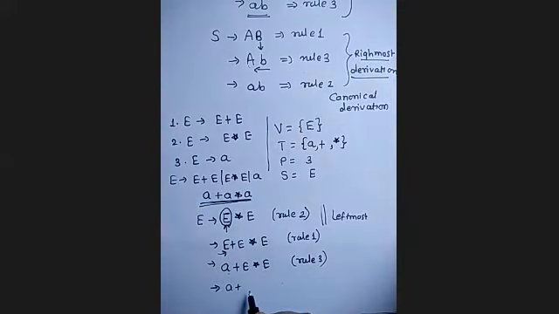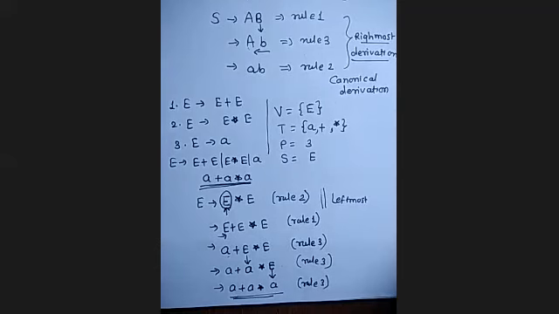You have to show step by step derivation. So now we replace this E by its right hand side, that is in this case rule number 3. And then in the last step we replace the leftmost non-terminal, which is the only E remaining, by a, and this is rule number 3. So finally your string is derived here using the leftmost derivation.